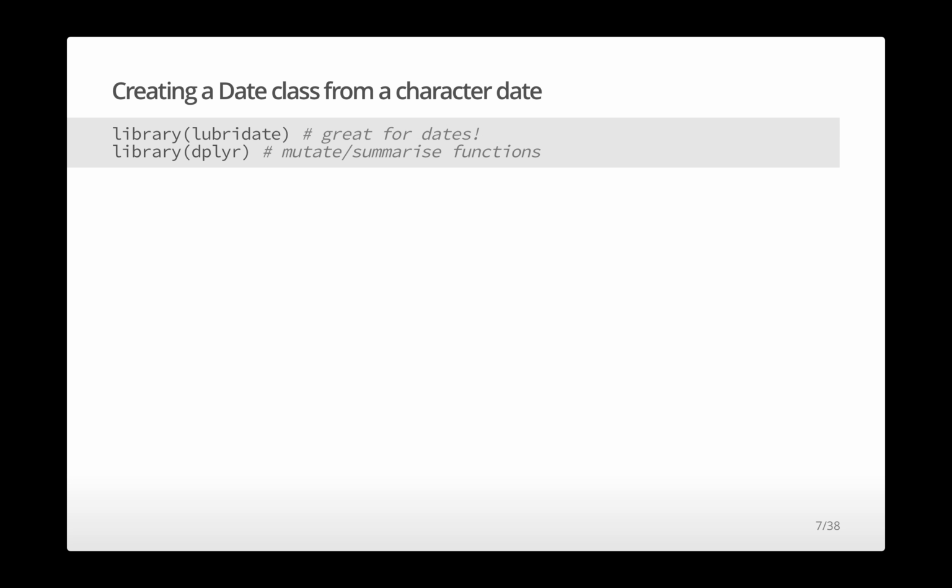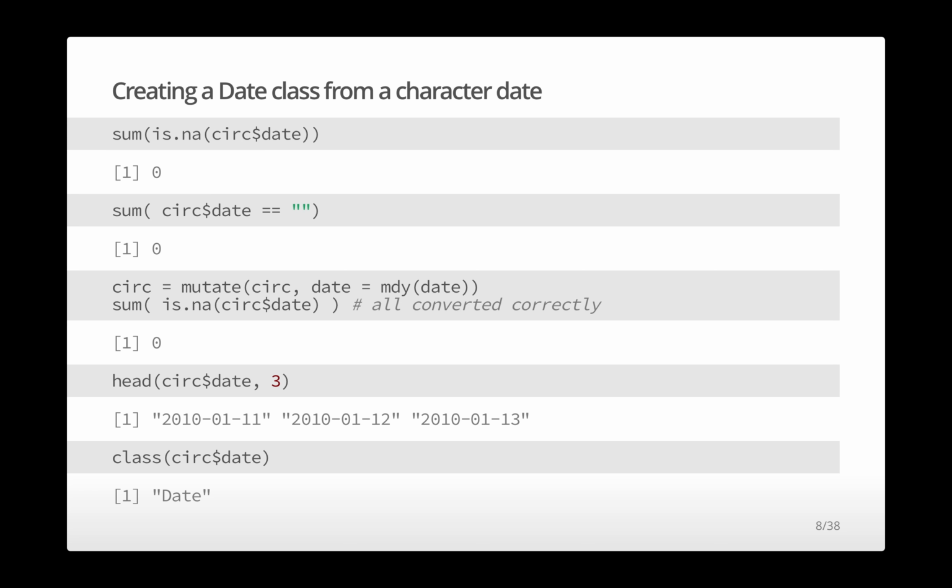So we're going to do the date thing that we just talked about. We're asking, are there any missing values? Are any of them equal to nothing? Again, when you use read_csv, empty strings are converted to NAs, so that should have been picked up here. But sometimes there might be spaces or something like that. So again, we're going to use mdy, these lubridate functions, and now we're going to ask, are any of them NAs?